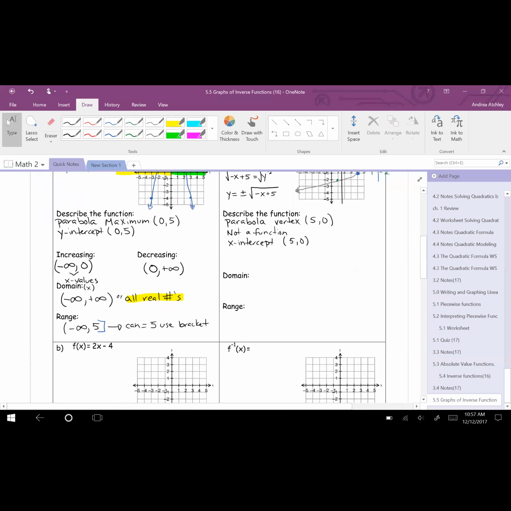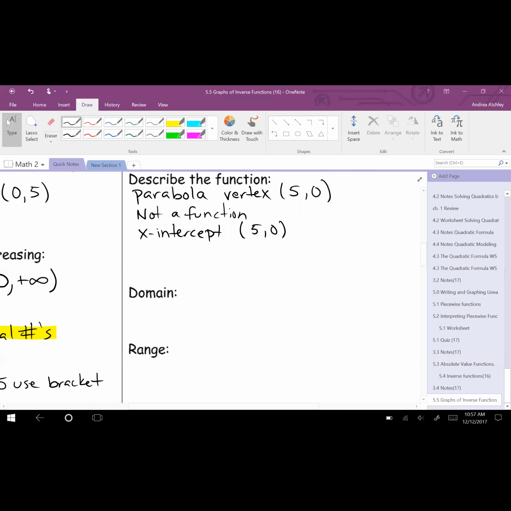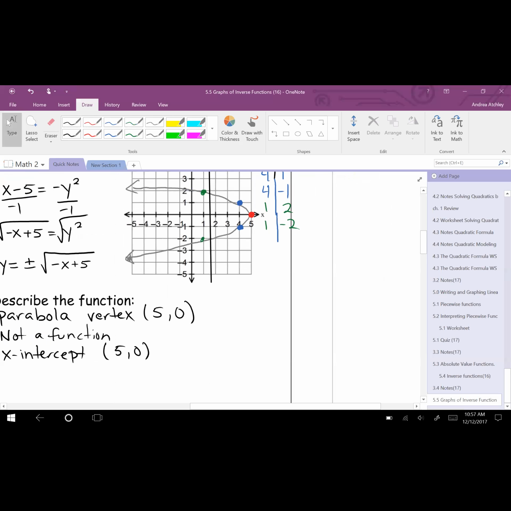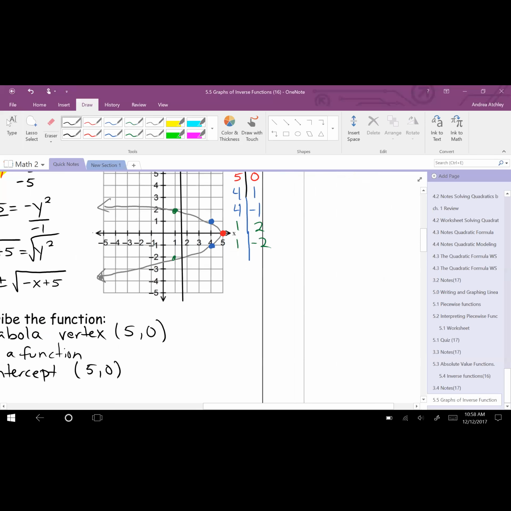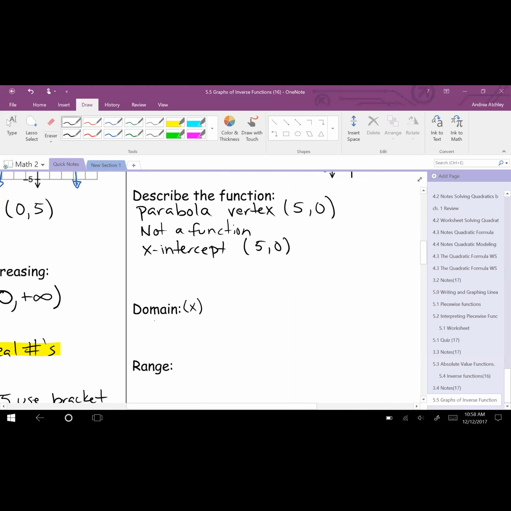Okay, the domain. Domain, again, is your x values. So let's look at the x values. How far to the left will this graph go? Forever. Yes. So the domain will be at negative infinity. It will never equal negative infinity, so it's a parenthesis.